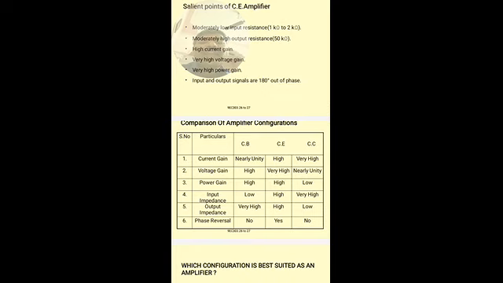The current gain of the CE amplifier is high, and in the CC configuration it is very high. Voltage gain is not possible with the CC configuration, it is nearly unity in common collector, but we have a high voltage gain possible with the CB and very high voltage gain with the CE.